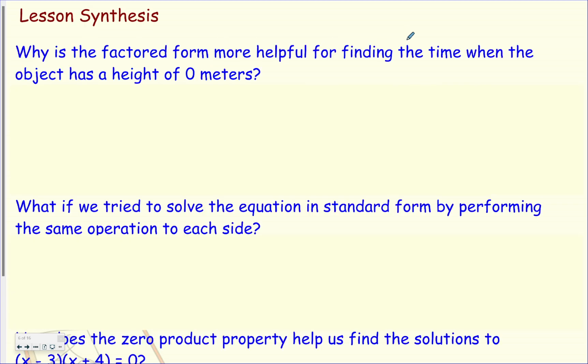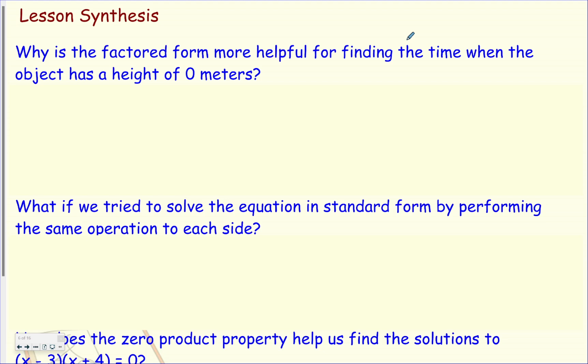Okay, so here are a few questions to think about as we study this. One, why is the factored form more helpful for finding the time when the object has a height of 0 meters?